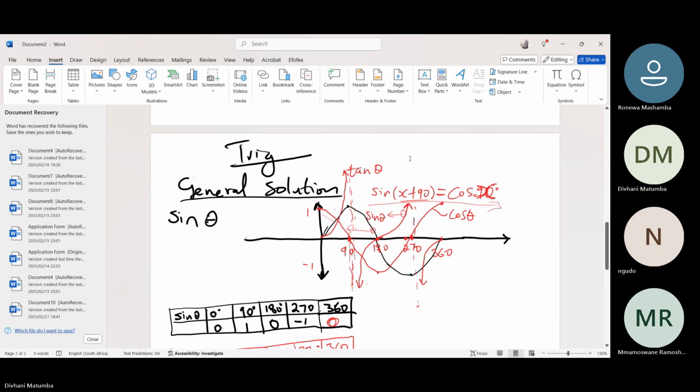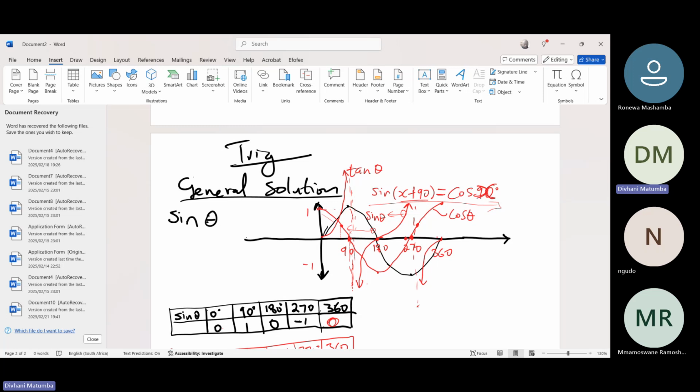Okay, now let's say the value of 0.5 is somewhere there. Okay, this will be 180. I am trying to find that value there.